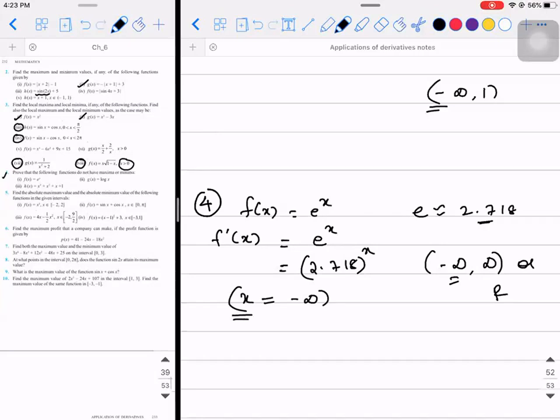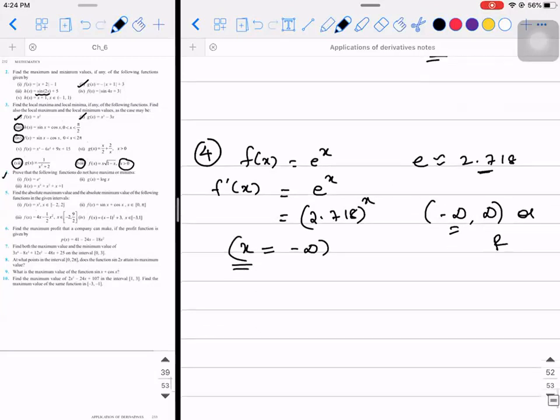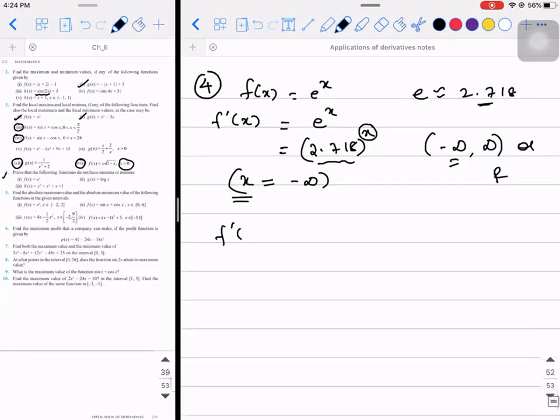So if you ask me what type of function this is, is it increasing or decreasing? Whatever value of x you substitute, 2.718 raised to any power is always positive. So f dash of x is always greater than 0.